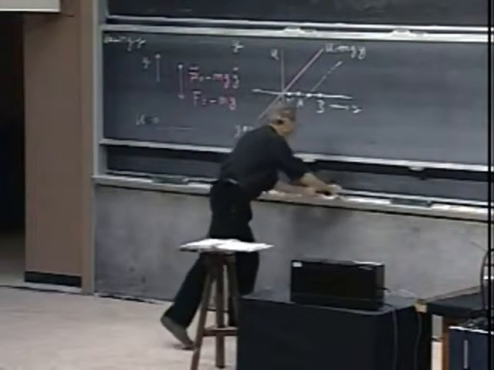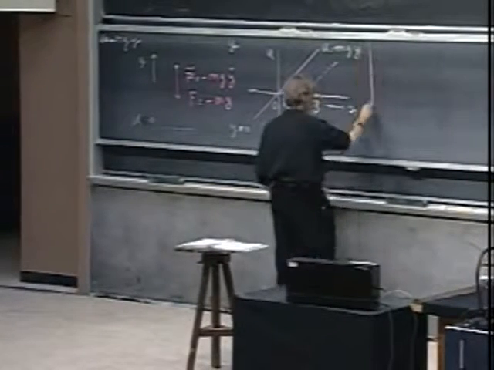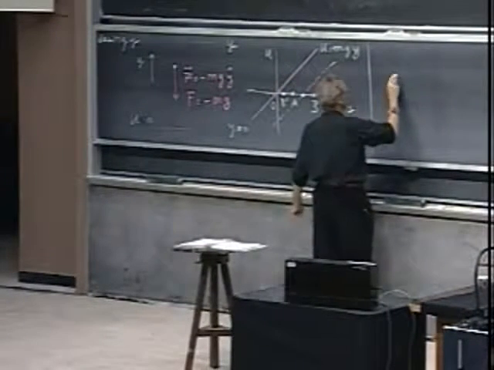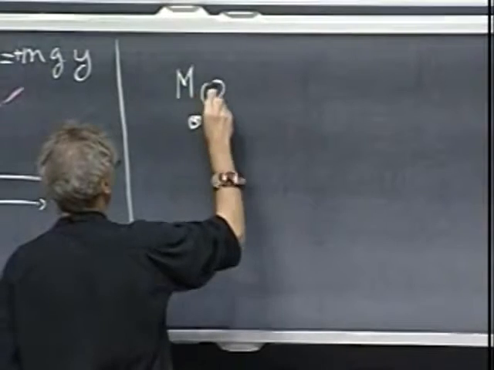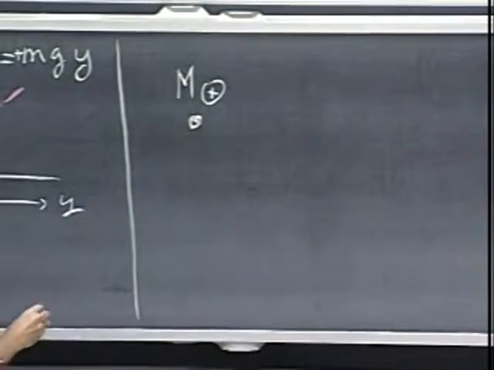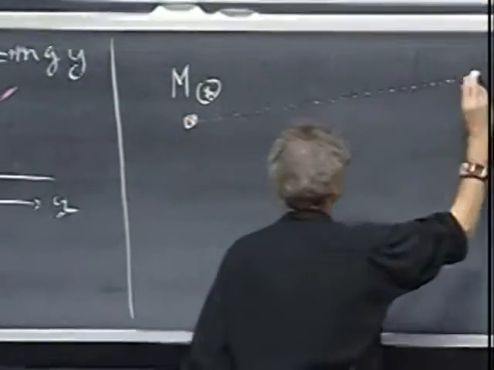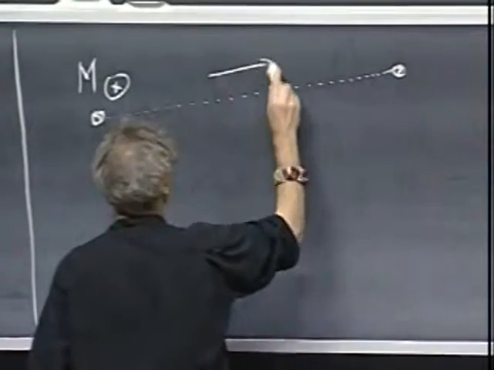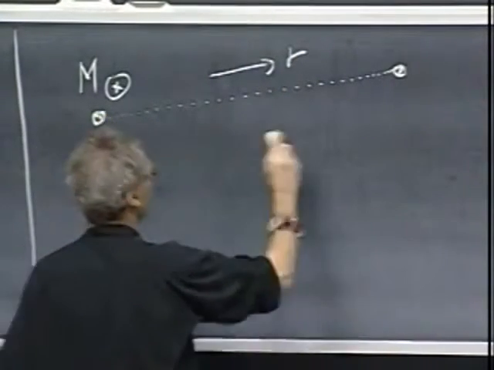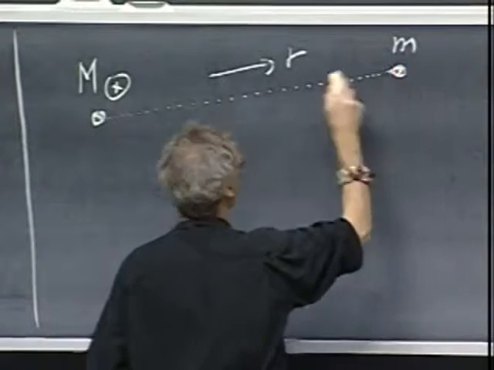Now we take the situation whereby we are not so close to the Earth. Here is the Earth itself. Of course, you can also replace that by the Sun if you want to. And this is increasing value of r. The distance between here and this object m equals r.